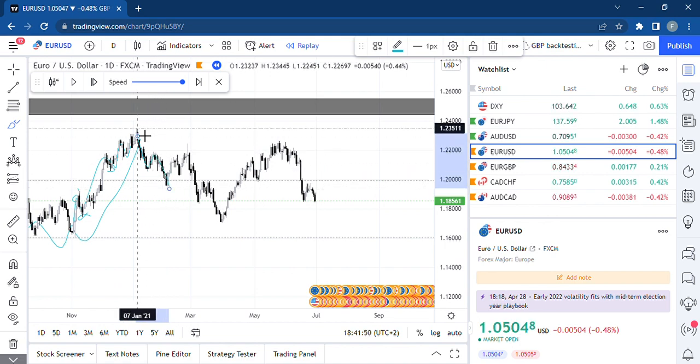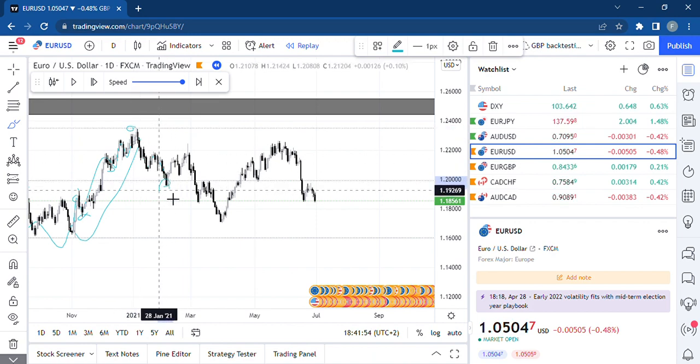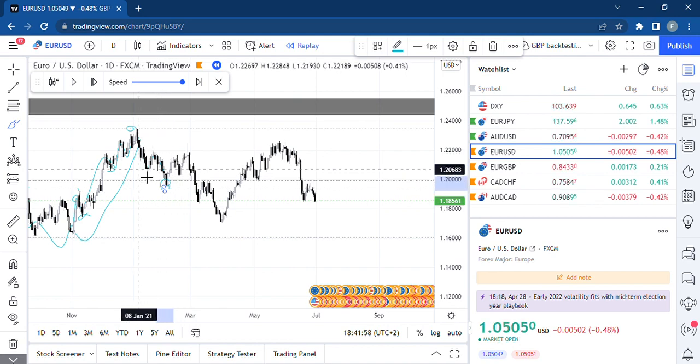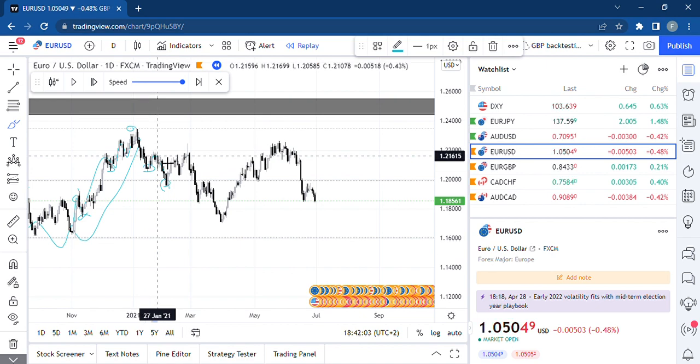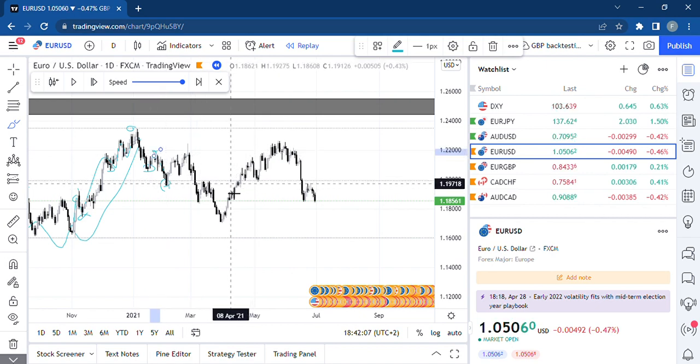We knew that this is our high, this is our low. You can argue with me and say, nah, this is a low over here, and this is a lower high. I would not disagree with you, because we see the market that way, right?